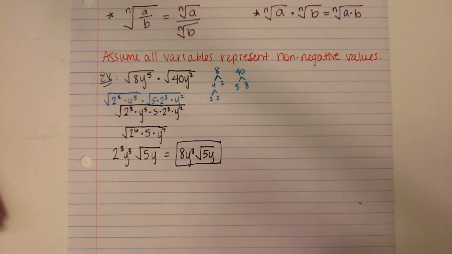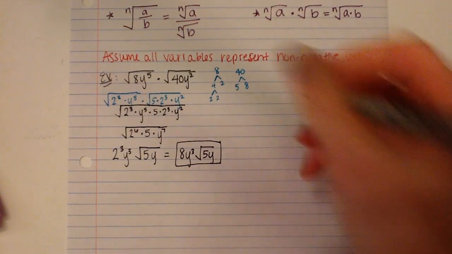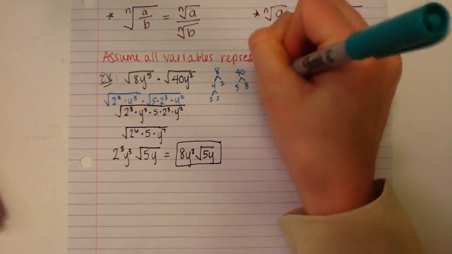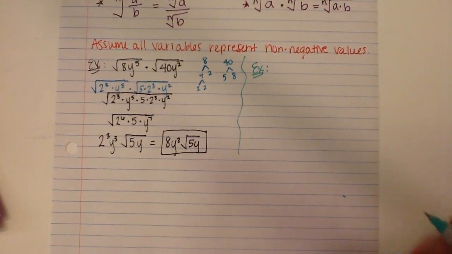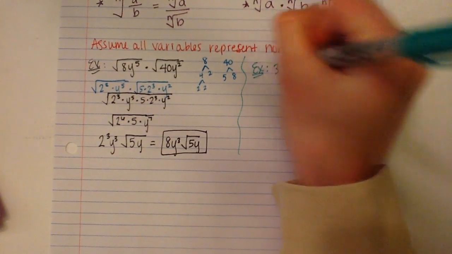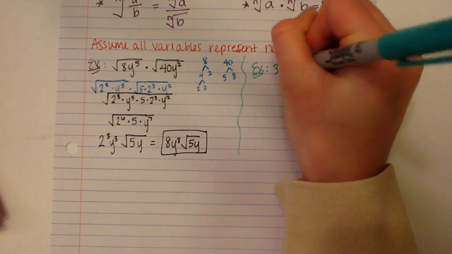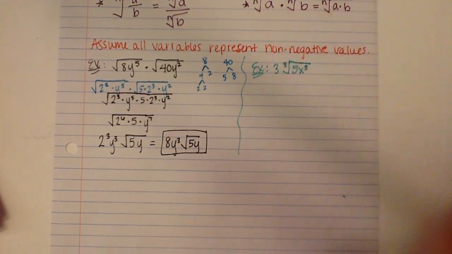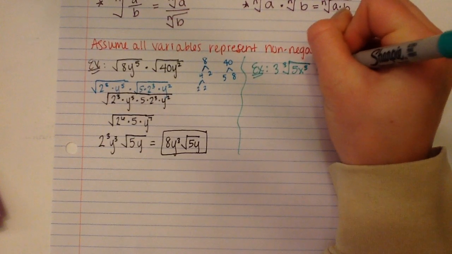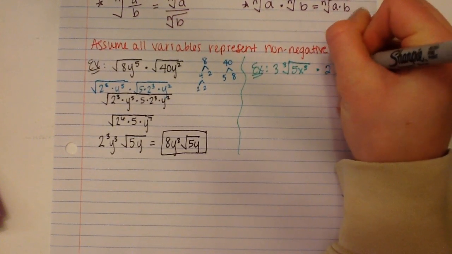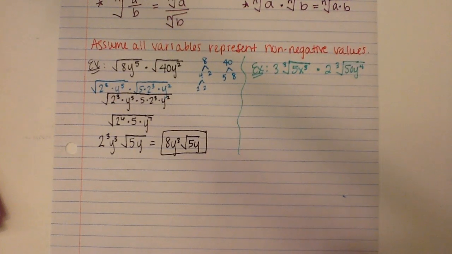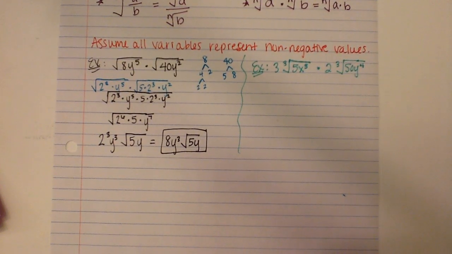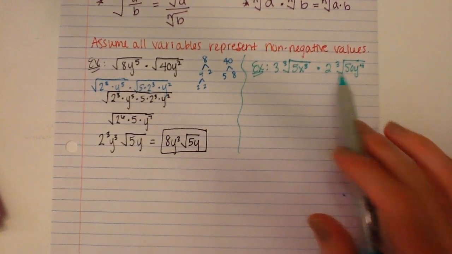Let's do another one. Alright, so we have 3 times the cube root of 5x cubed times 2 times the cube root of 50y to the 4th. So we can go ahead and take our numbers out in front and multiply those.